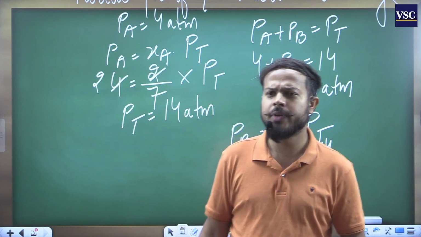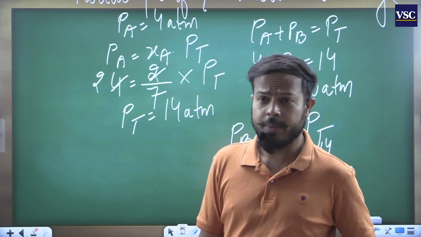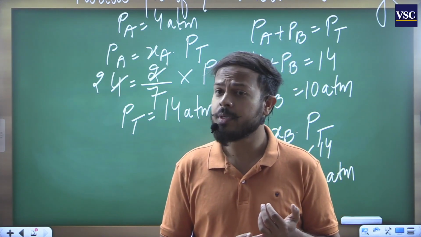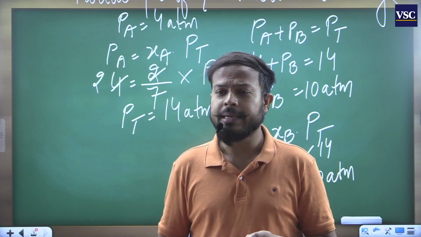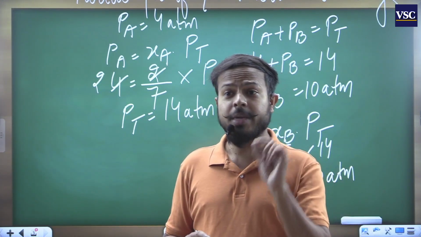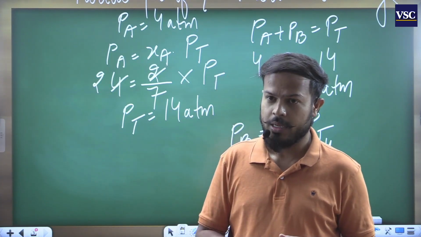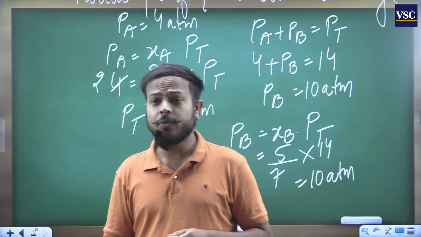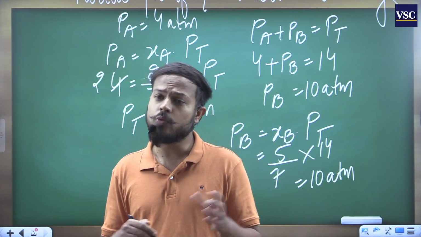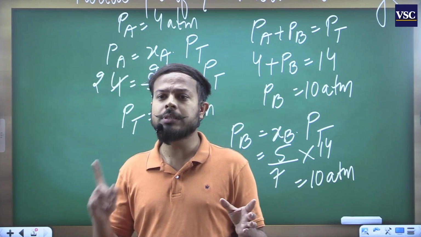Let's just quickly recall whatever we have studied. We have studied partial pressure and Dalton's law of partial pressure. First of all, you should know what partial pressure is. If you are given a container having gas A, gas B and gas C, then the pressure exerted by a particular gas is known as its partial pressure. And what did Dalton say? That if you have non-reacting gases in a particular container, then the total pressure will be the sum of all the individual partial pressures.